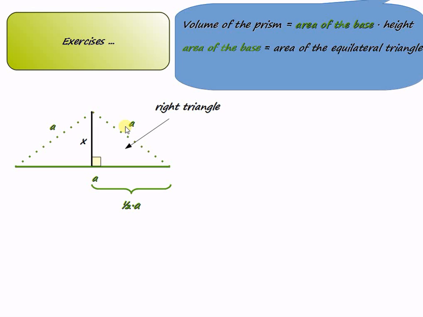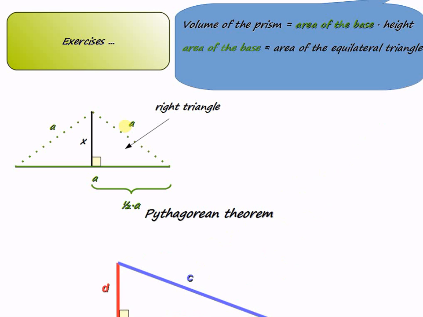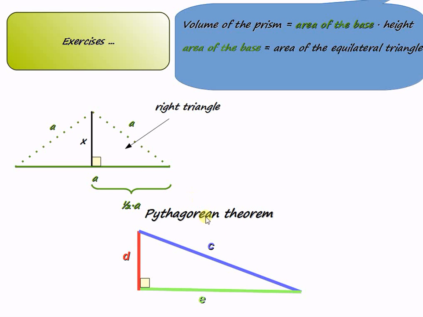And we can do it if we recall one of the most important theorems in elementary geometry, the Pythagorean theorem. It states that in any right triangle with hypotenuse c and the other two legs d and e, the following equation holds: c squared is equal to d squared plus e squared.